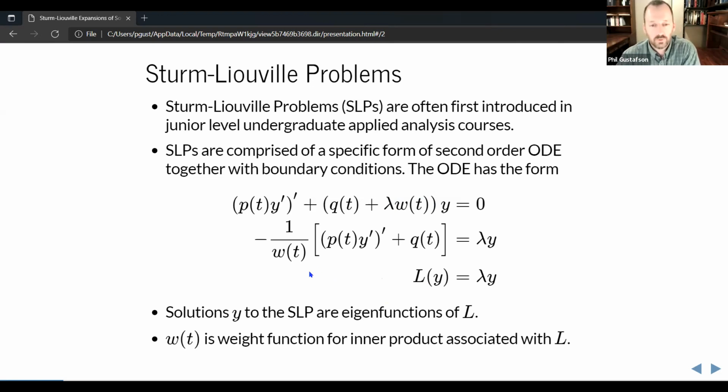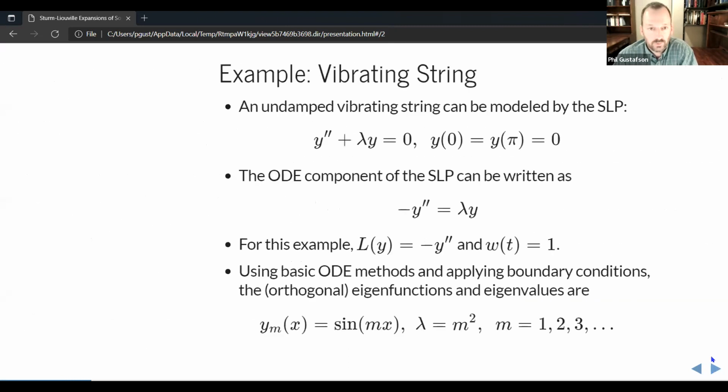It's important to point out that w is known as a weight function that we'll need for an associated linear inner product. Once you view the differential equation as an eigenvalue problem, you can use some powerful results from linear operator theory or Hilbert space theory, Sturm-Liouville theory. And so that's where we go next.